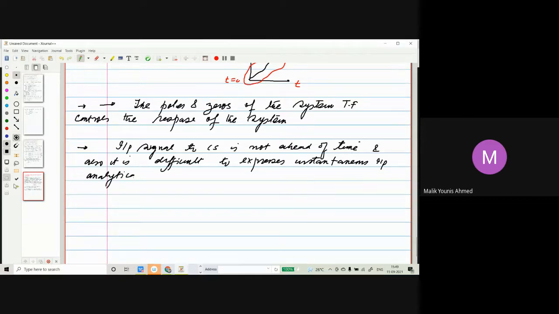So for any control system we are operating, the input signal will not be known ahead of time, and any sort of disturbance can come to the system that is not known ahead of time. That's also an input, although it's a disturbance. So that instantaneous input cannot be expressed analytically.